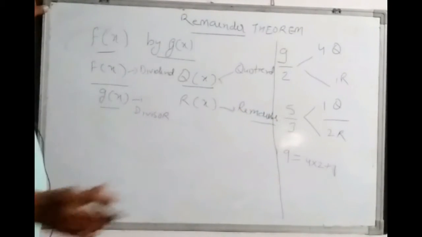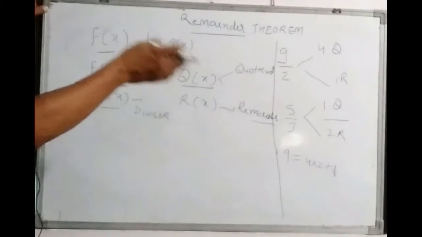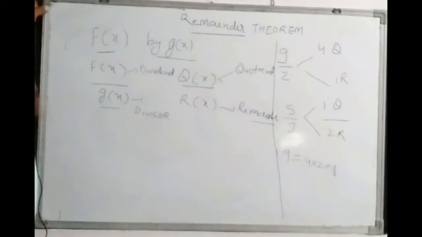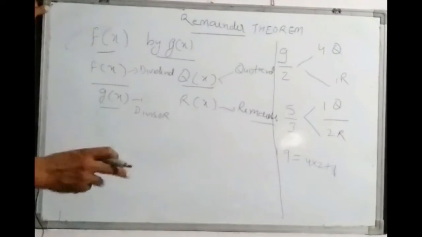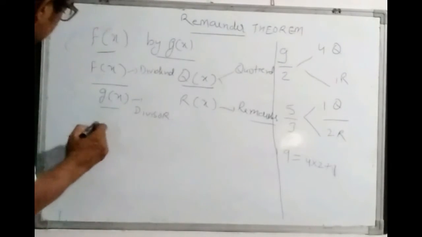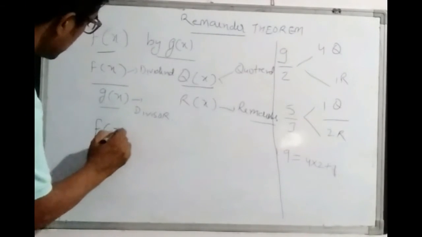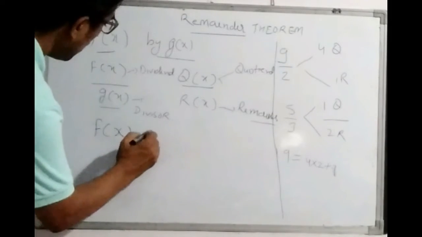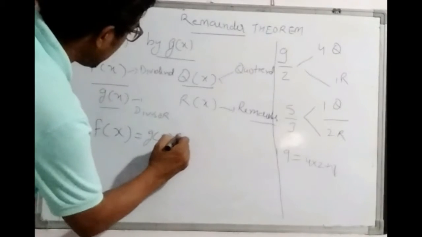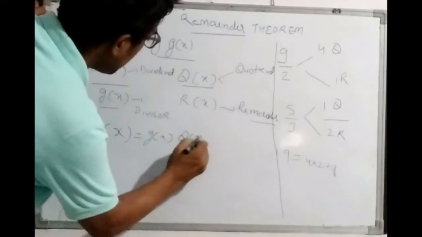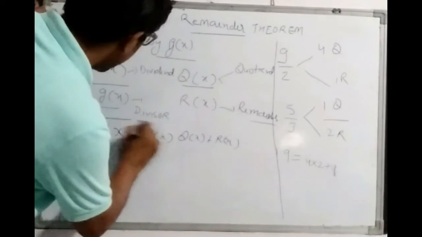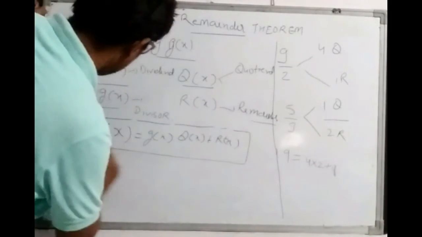So as we can write a real number as a multiplication of a quotient and divisor and adding remainder to it, similarly a polynomial can be written in the same way. So here f(x) is the dividend, so f(x) will be equal to g(x), the divisor, multiplied by q(x), plus r(x). That can be written as we have done with the real numbers.